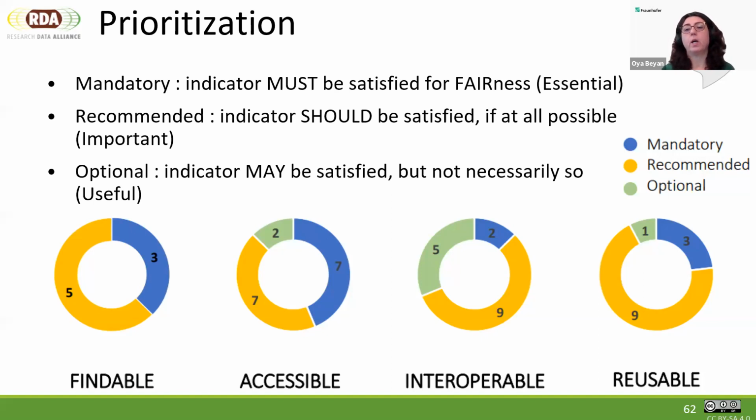And here, I would like to ask your opinion. What do you think, which FAIR letter is more important for health datasets? Are we looking for findability or access to these datasets, interoperability, or reusing in different contexts?